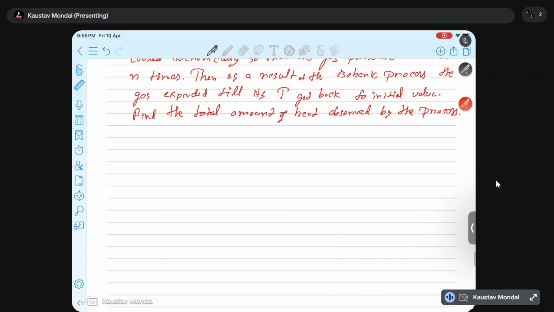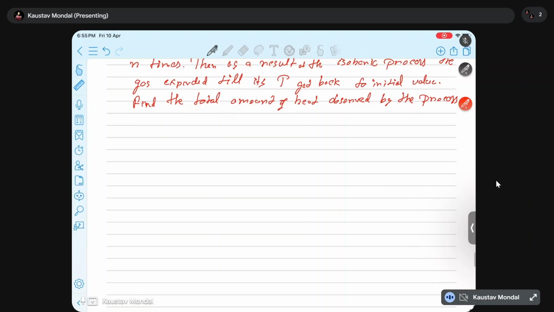So the whole process looks like this. Initially it was P0, V0 and T0.